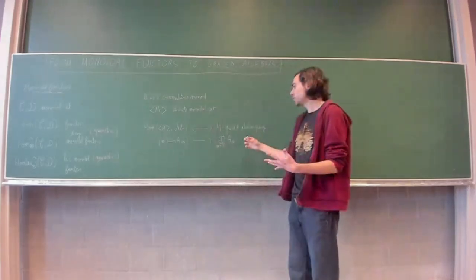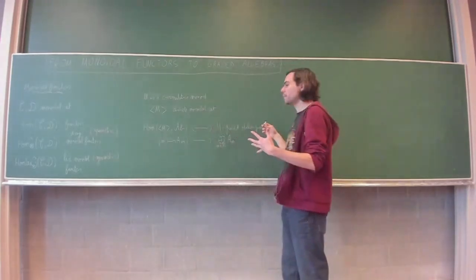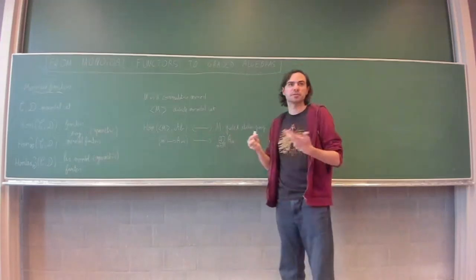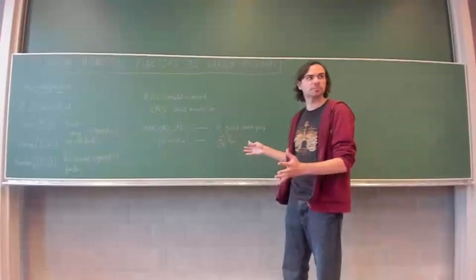There's no harm: an M-graded abelian group is nothing but the data of each component, because there's no extra structure.